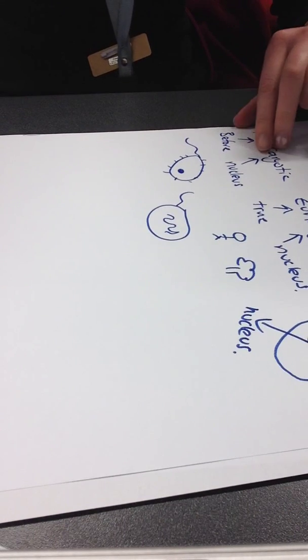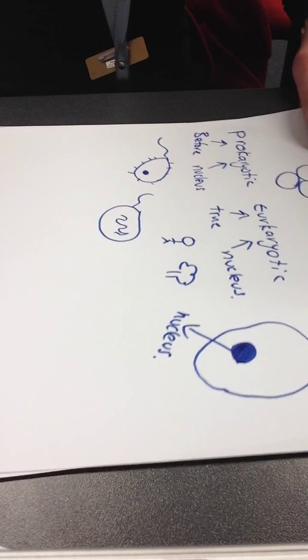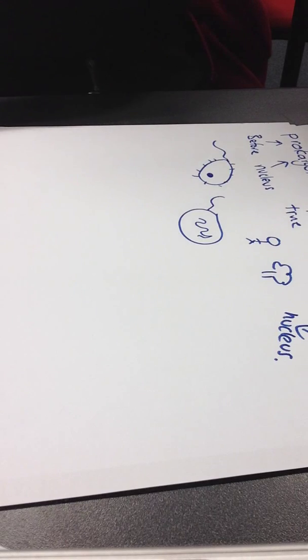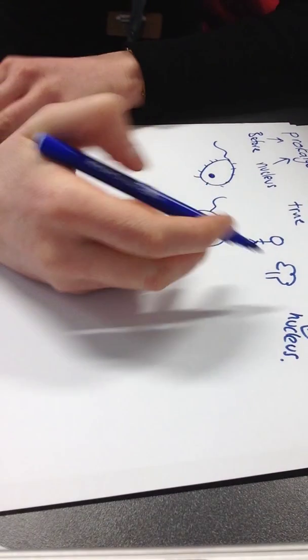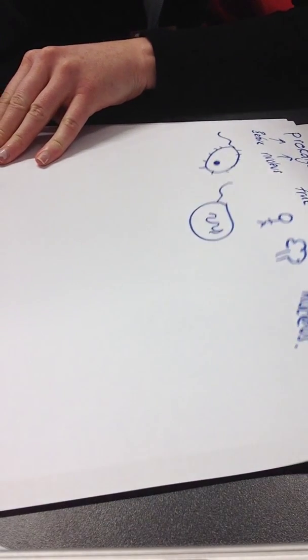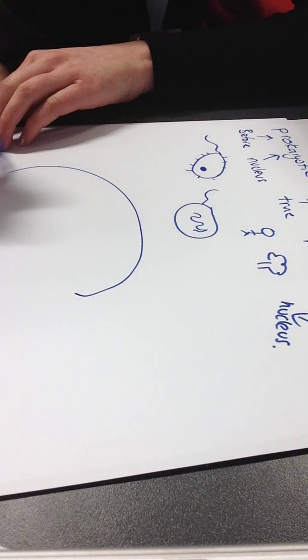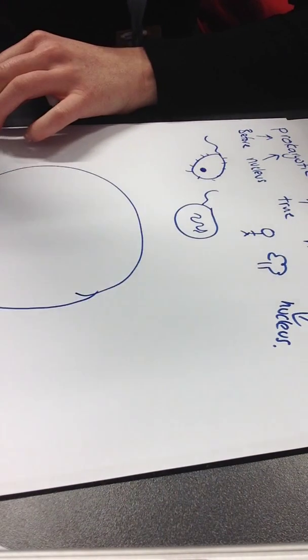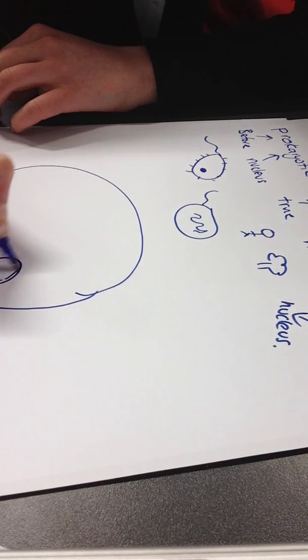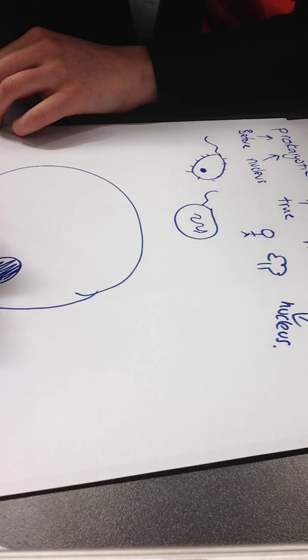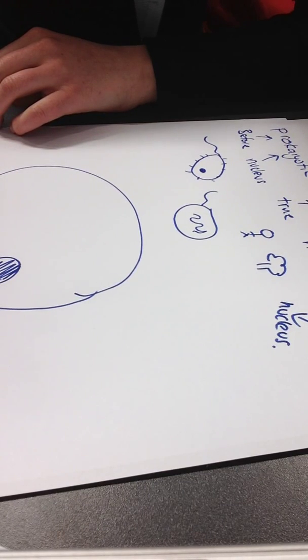So if we look, hopefully we've got some more space here. Okay, so eukaryotic cells, let's just draw one here. We know that it has a nucleus. Okay, so that's where all the DNA is stored. So if we just label that DNA.